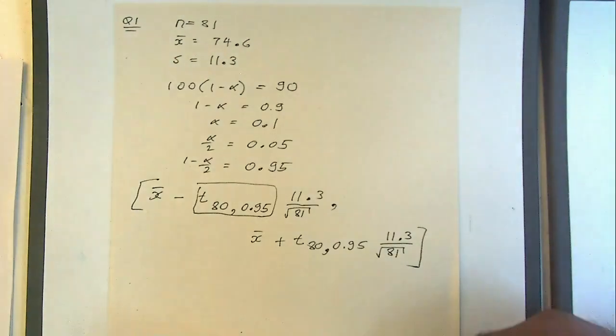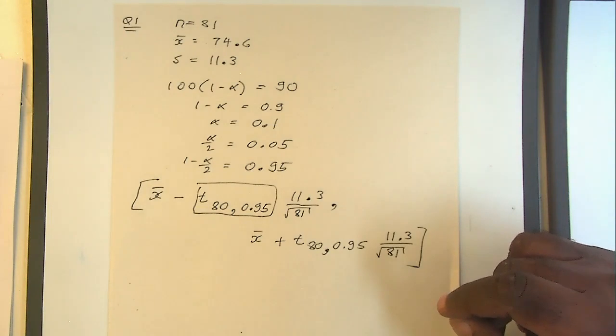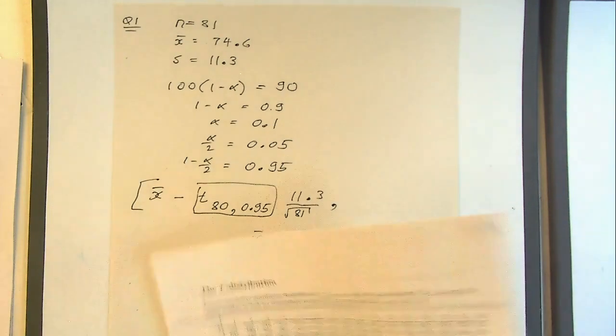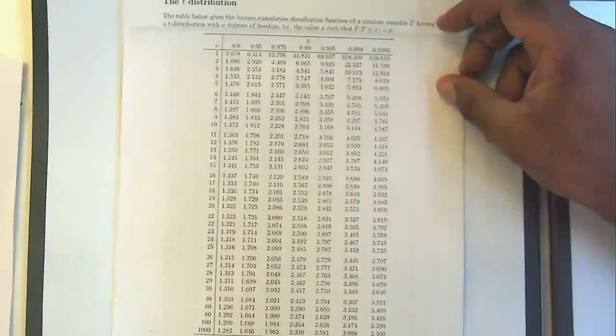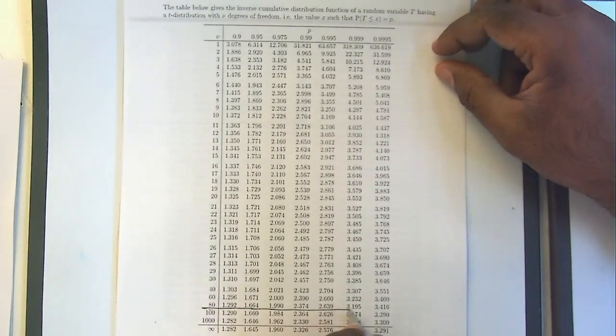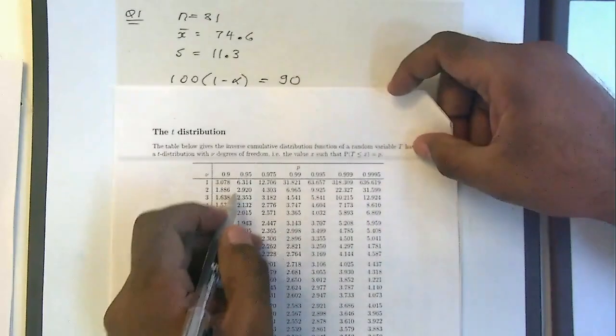Now you need to look for 80 and 0.95. If you go down this table, this is row 80, and you're looking for 0.95, which is the third column.